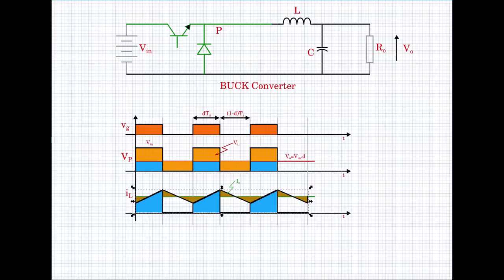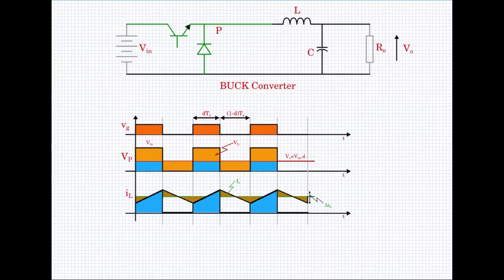So if I say that the ripple amplitude is like this, delta IL, then the rating of the current for BJT will be I naught plus delta IL by 2, which will be this peak. That will be the peak current. The average current rating will be I naught into duty cycle D.